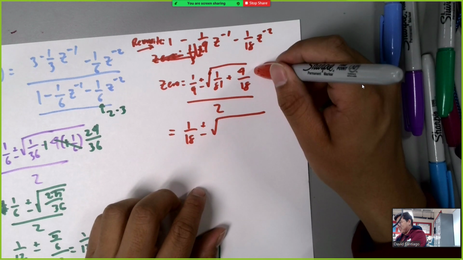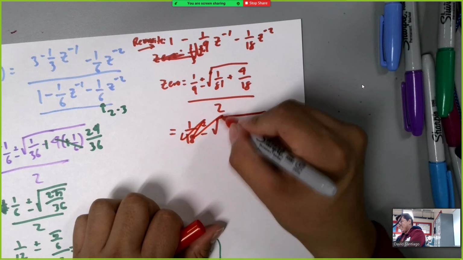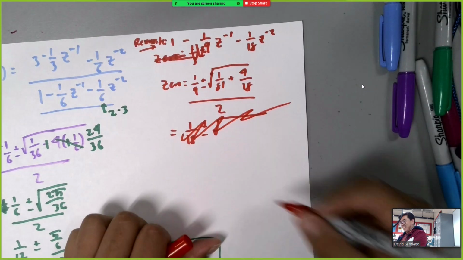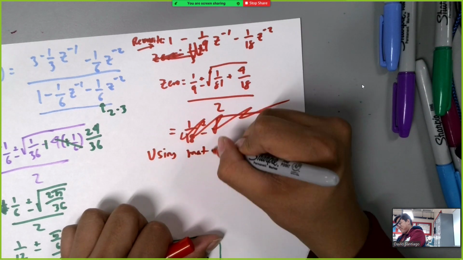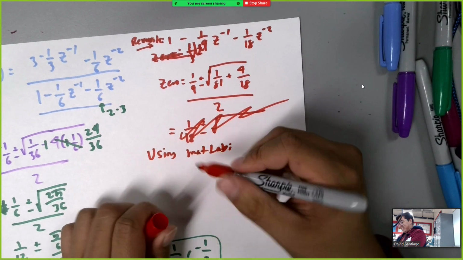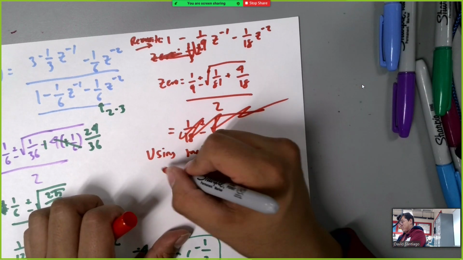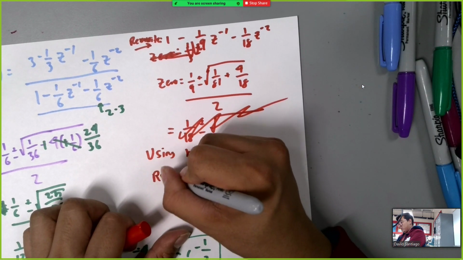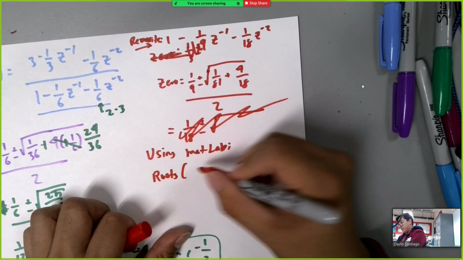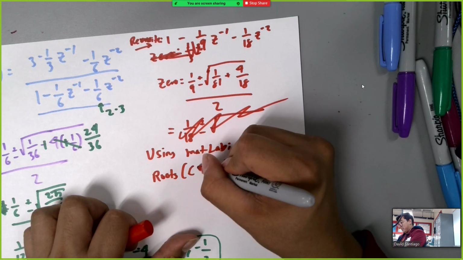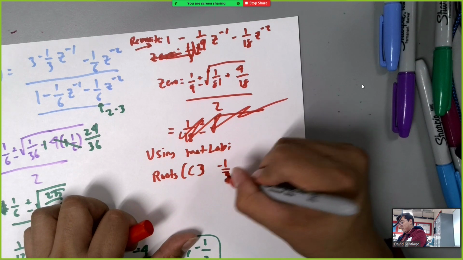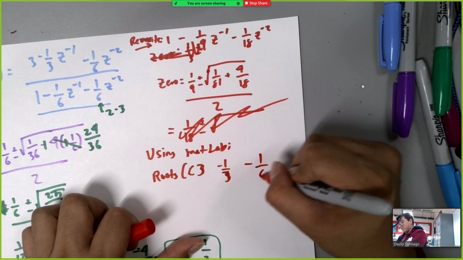I don't want to do that. So I made this problem for you guys using Matlab. And what I'm about to say is you can use roots of 1 minus 1 over 3, 1 over 3 minus 1 over 6.